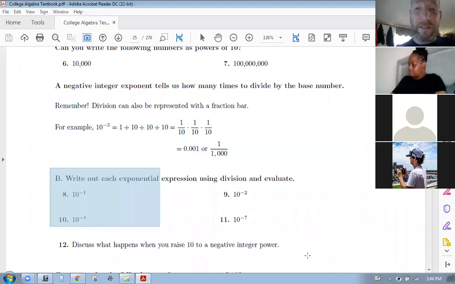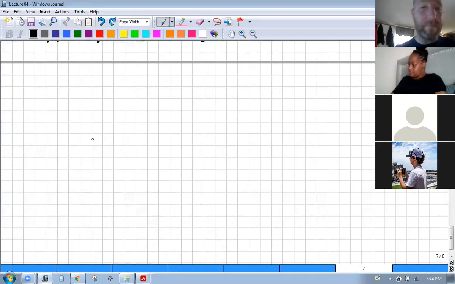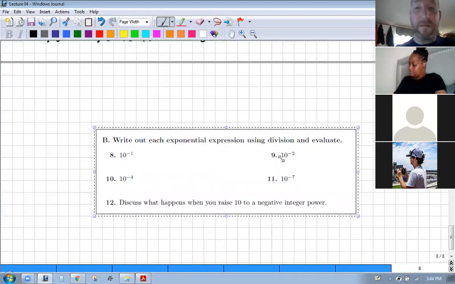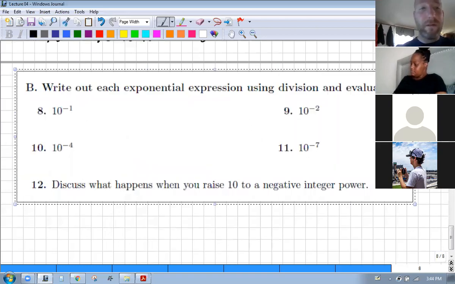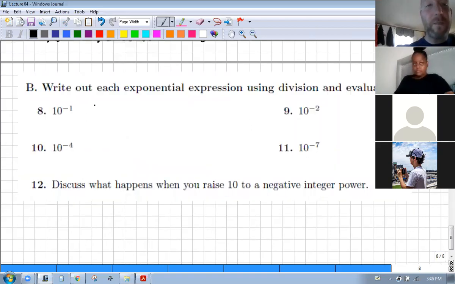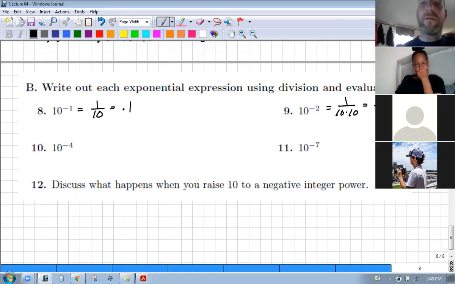Let's do some practice here. So 10 to the negative 1 is 1 over 10, or 0.1. 10 to the negative 2 is 1 over 10 times 10, or 1 over 100, which is 0.01.